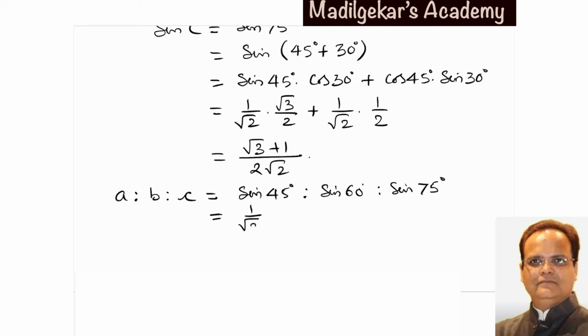Sine 45 is 1 by root 2, sine 60 is root 3 by 2, sine 75 is root 3 plus 1 upon 2 root 2. Multiply all the three ratios by 2 root 2. So we get 2 is to root 6 is to root 3 plus 1.